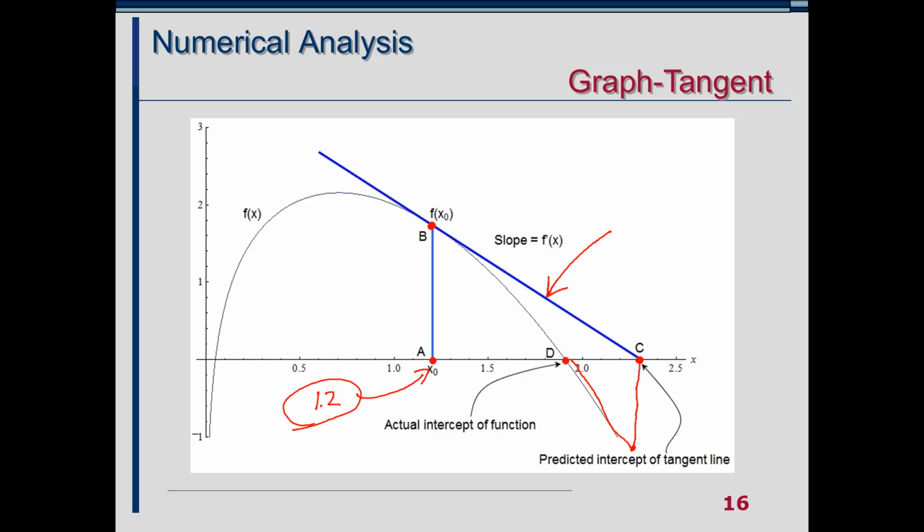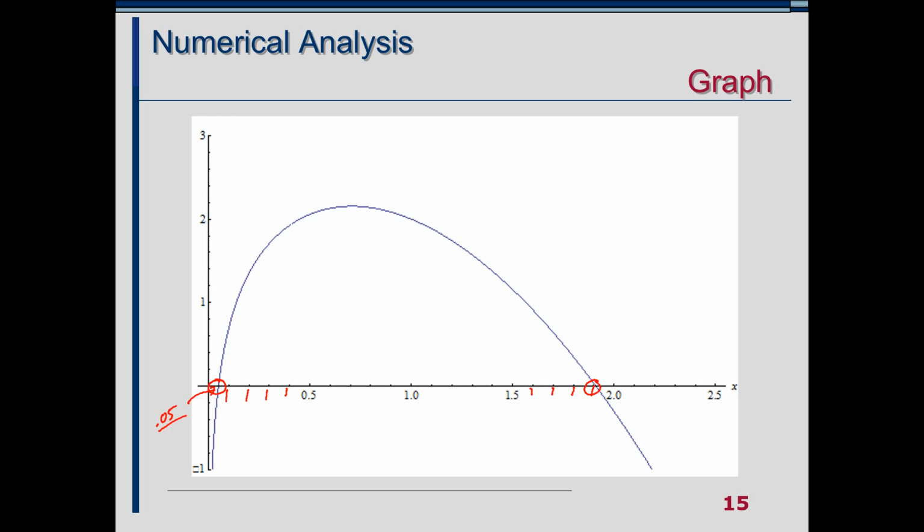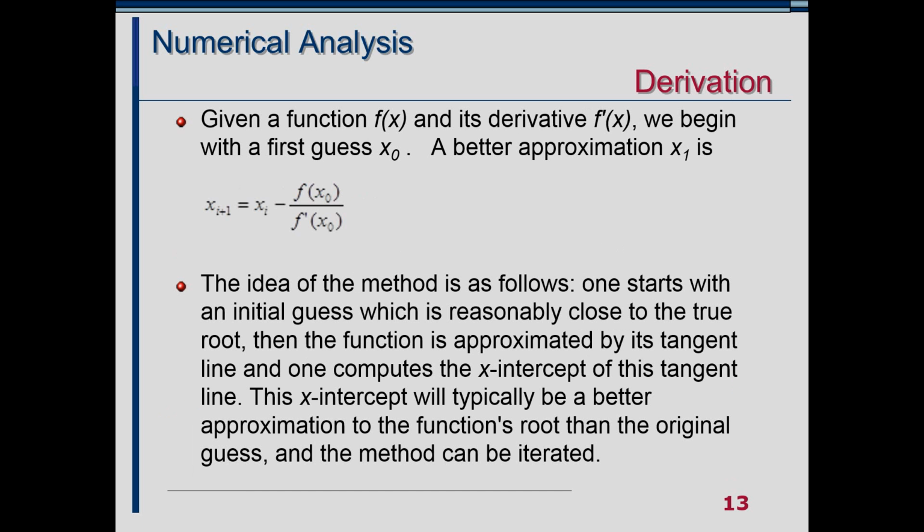So I plug in 1.2, and then I plug it into this formula. Notice this formula is just the original function. Take the original function, plug in that value, take the first derivative of that function, plug in that value, divide these out, and then subtract that from your original guess.